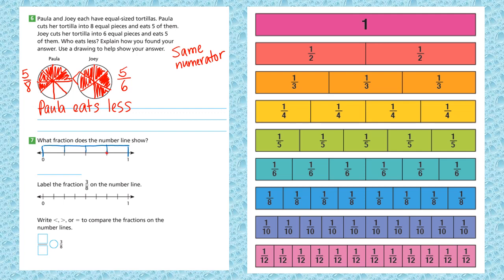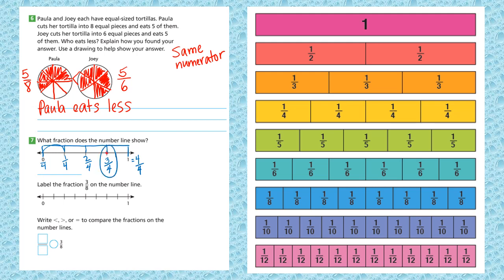And I see that there's 4 equal parts. So if there's 4 equal parts in one whole, I know that my denominator is going to be fourths. And I start off at 0 or 0/4. And my first jump is 1/4 and 2/4. And you're all pretty good with this now. 3/4 and then 1 whole, which is also equal to 4/4. Okay, so what fraction does the number line show? The red dot shows 3/4.